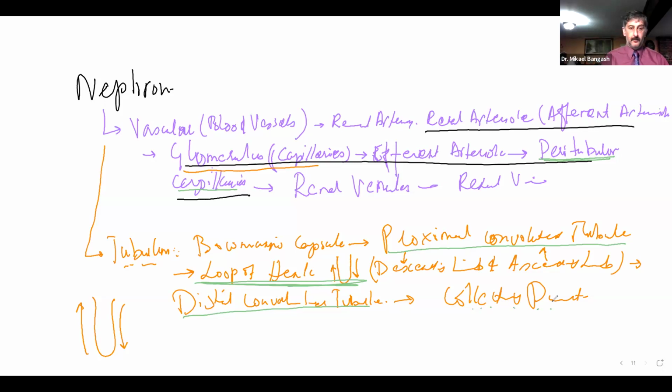So what we mainly said was that it starts at the glomerulus, the filtering of the blood that was running in the blood vessels. It's getting filtered at the glomerulus, which was the first network of capillaries.